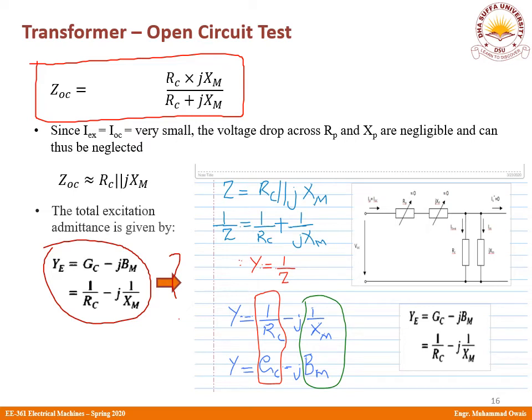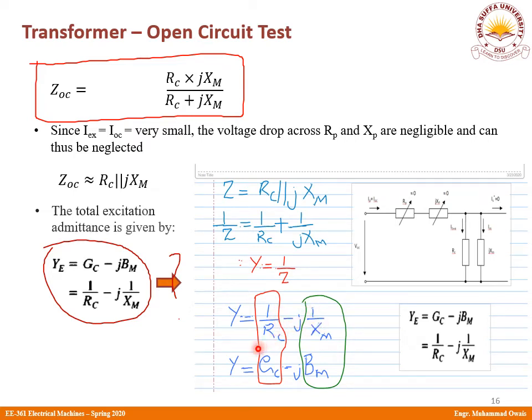So have a look here. This is your impedance Rc in parallel with jXm. So you can write down this relationship like this. So 1 over Z is equal to this term. And since admittance is the reciprocal of the impedance, this relation simply becomes Y is equal to 1 over Rc minus j times 1 over Xm.